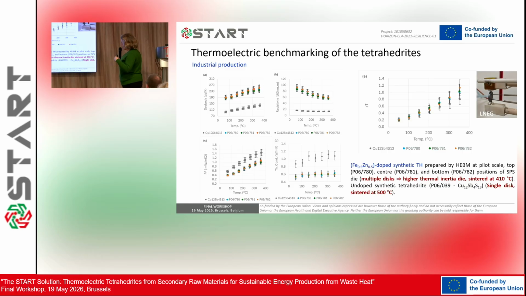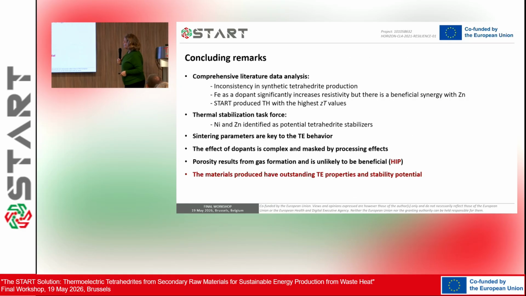We probably need to study this much more, with all the parameters, to be able to understand what's going on. But again, what we see is that with industrial upscale, we get even better properties. We don't fully understand it, we have some hints, but it seems that we are going in the good direction. So now I'm finishing.